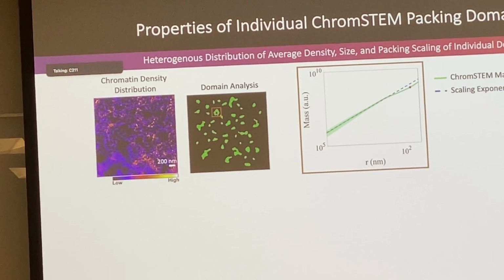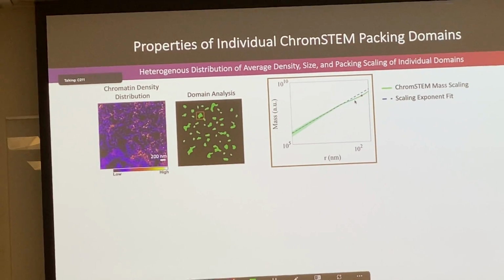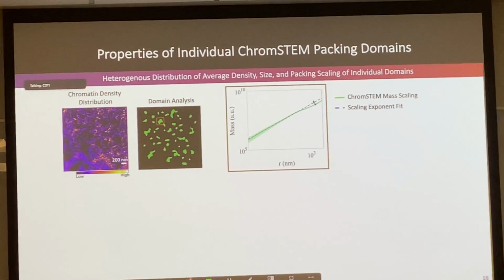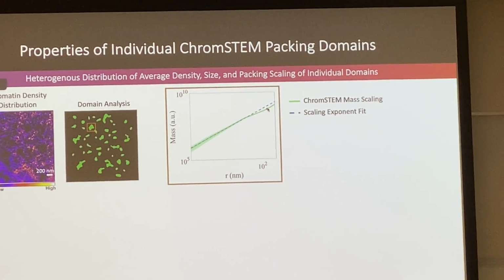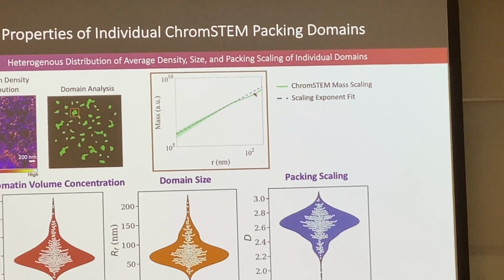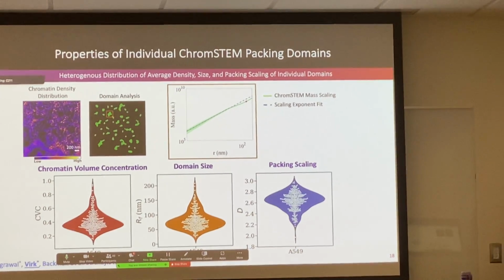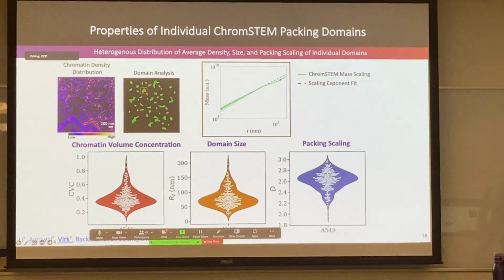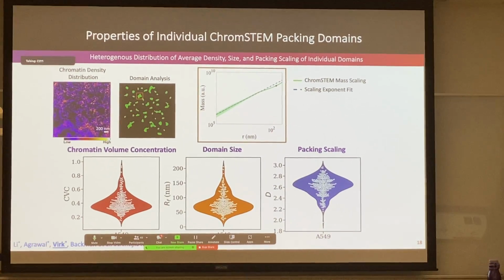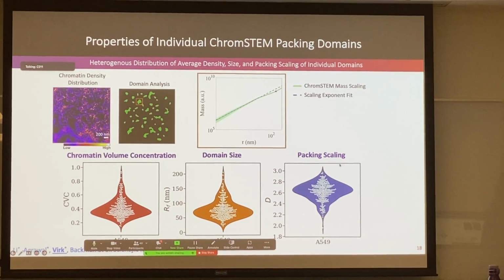We then perform analysis from the center of the domains and identify a packing domain as when it deviates from a certain range of scaling behavior for this mass scaling curve. And we see that these packing domains have a very heterogeneous distribution of the chromatin volume concentration, which is the average chromatin density within the domain, as well as the domain size and packing scaling.